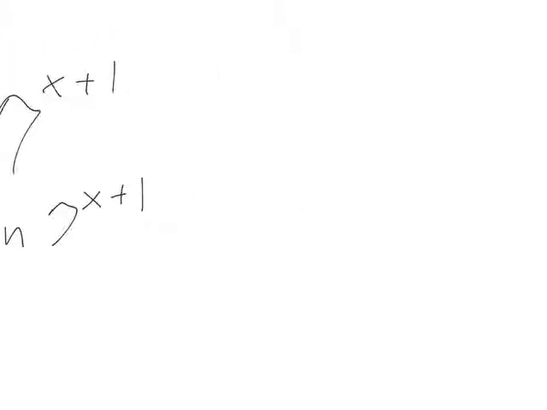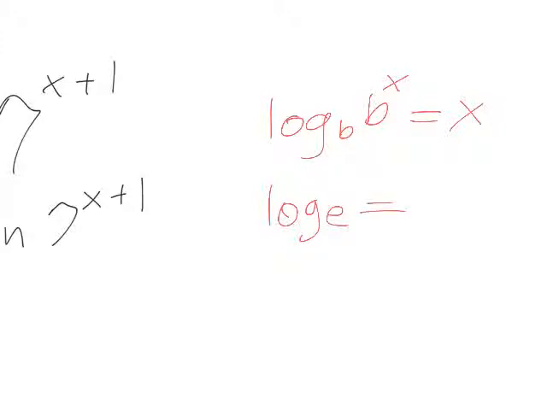What we're going to do there is the property that we looked at in section 4.3. It was actually basic property number 3. Log base b of b to some power x is equal to x, okay? And you may be saying, well, it's not log, and what's the base? Well, the base of natural log is e, right? Log base e is natural log.